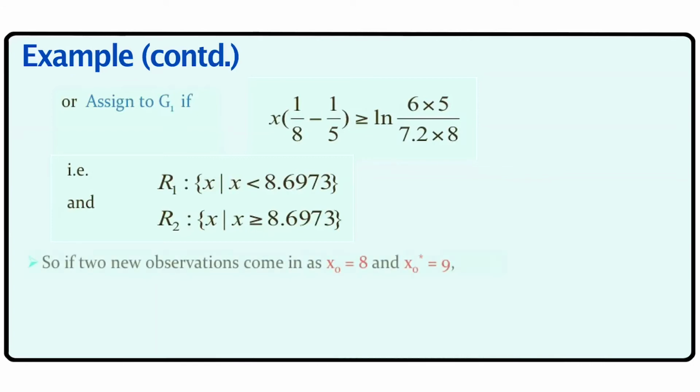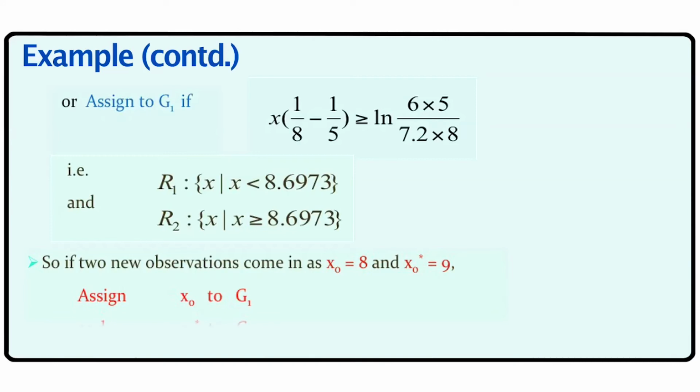Suppose we have two new observations. The first is x0, which is 8, and the second is x0 star, which is 9. Let's look at the first observation, x0 equal to 8. We assign x0 to G1 because x falls in the R1 region: 8 is less than 8.6973.